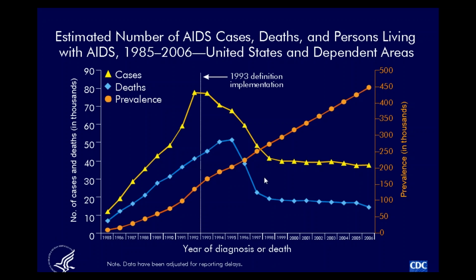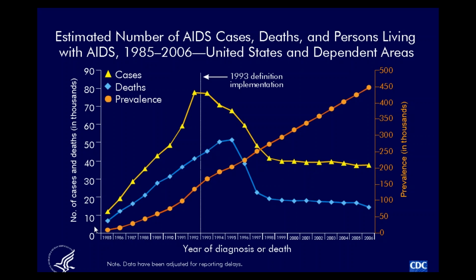Okay, this is what happens over time when we treat people with HIV. So you see the data goes from 1985 up to 2006. So this is the number of people living with AIDS in the orange line. The blue line is the number of AIDS deaths, and the yellow line is the number of people with an AIDS diagnosis.